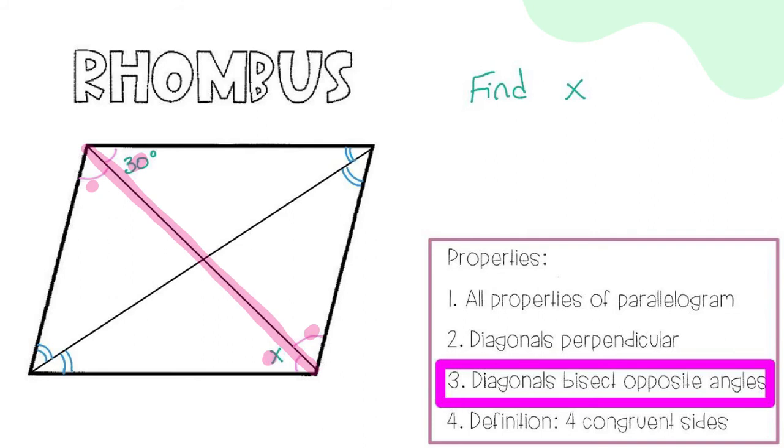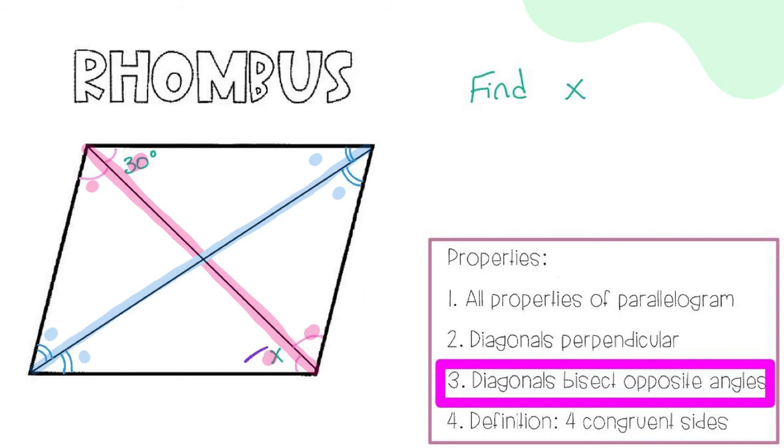And then I'll do the same thing with the blue line. All 4 of these angles must be congruent to each other.